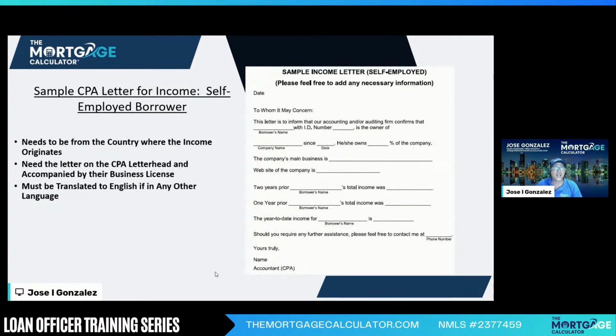This is our sample CPA letter for self-employed borrowers, right? It's similar to what you're going to need. It needs to be from the CPA in the country where the income originates. We need this on the CPA letterhead accompanied by the business license of the CPA, and if not in English, it has to be translated by a certified translator.